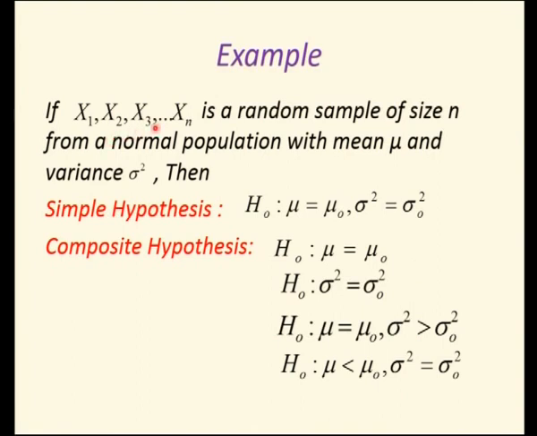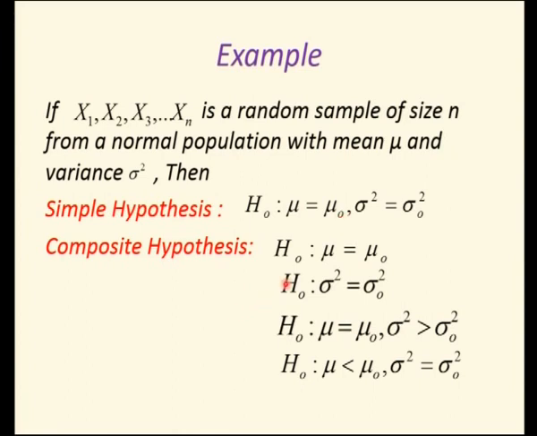If x1 up to xn is a random sample of size n drawn from a normal population with mean mu and variance sigma squared, then my simple hypothesis, which specifies the parameters of the population completely, is H naught such that mu is equal to mu naught, sigma squared is equal to sigma naught squared. So, it gives you all the information regarding the population. Come to the composite hypothesis.